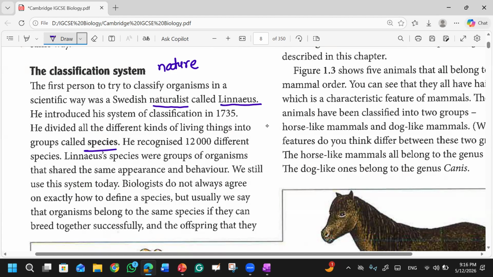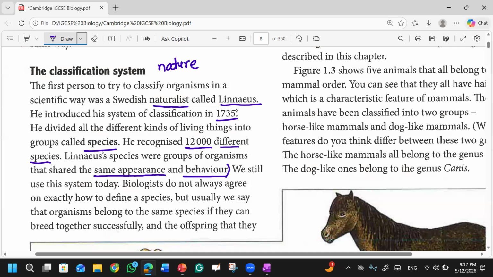He introduced his system of classification in 1735. He divided all different kinds of living things into groups called species. He recognized 12,000 different species. Linnaeus species were groups of organisms that shared the same appearance and behavior. We still use the same system today.